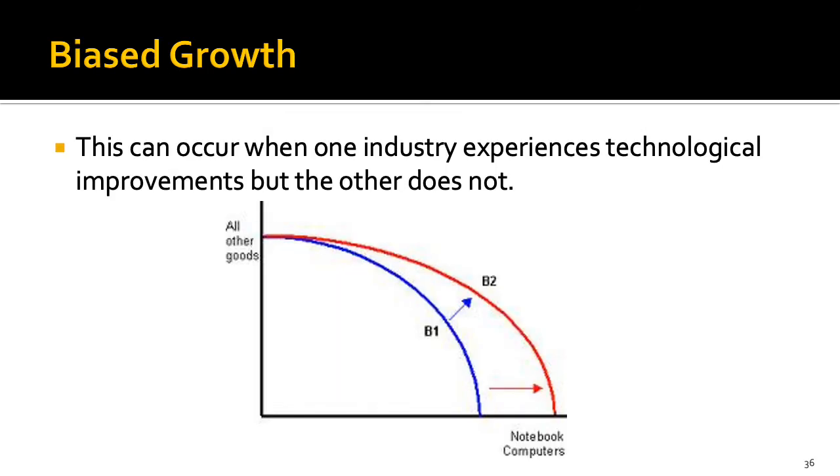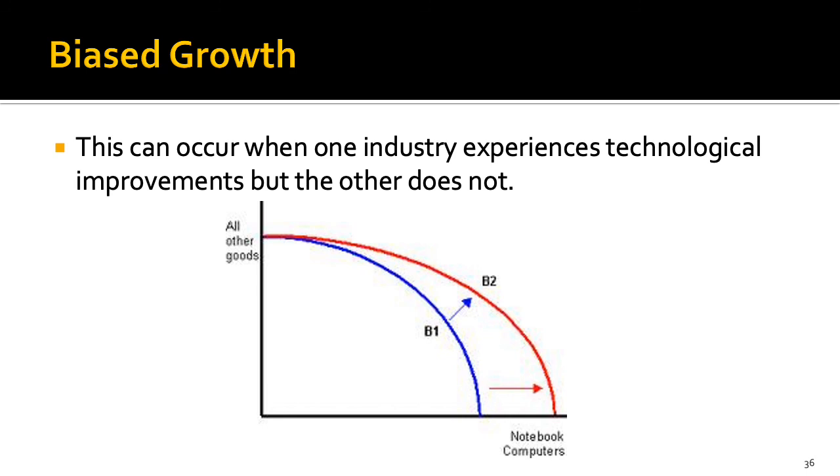Now, can we have biased growth? Biased growth is when one industry experiences technological improvement, in this case notebook computers, but the other industries do not. Now, I want you guys to notice something. In the extremes, all other goods, you can't produce any more of them, and you can definitely produce more notebook computers.